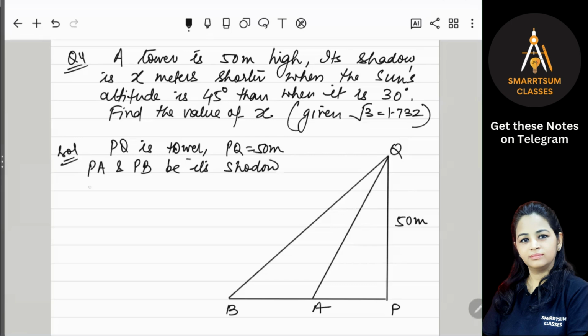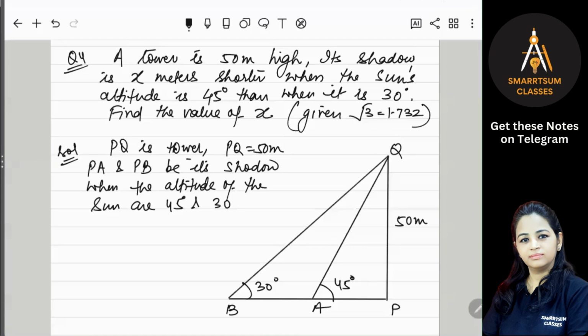When the altitude of the sun is 45 degrees and 30 degrees respectively, that means this is 45 degrees and this is 30 degrees.